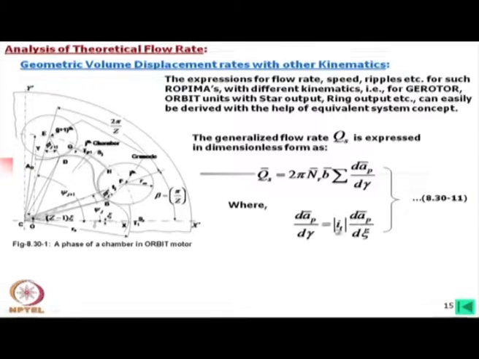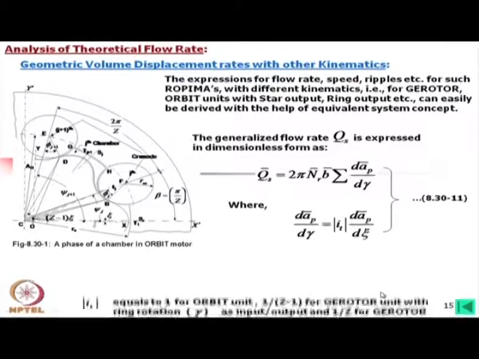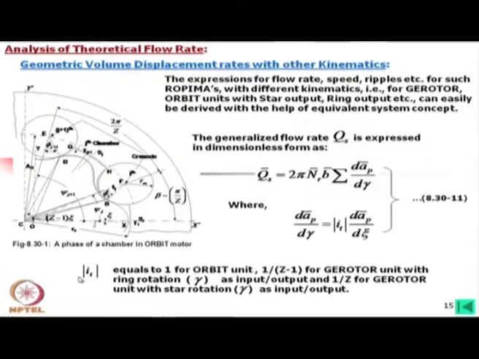In case of the orbit motor, we put this as 1. So we can easily calculate this, or simply it is replaced by 1 in case of the orbit motor. Here I have written it for the orbit unit, so without following the table you can still calculate this.